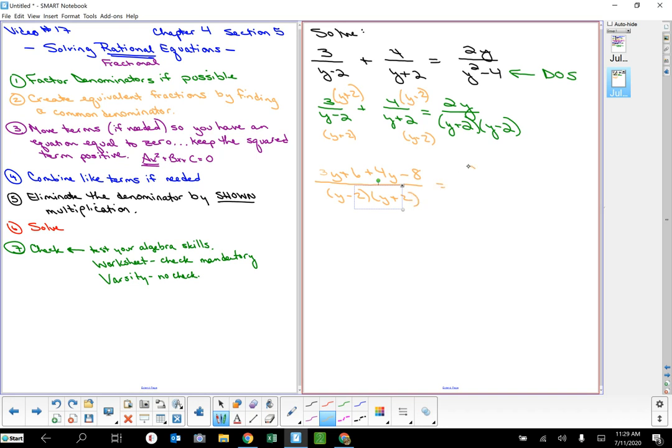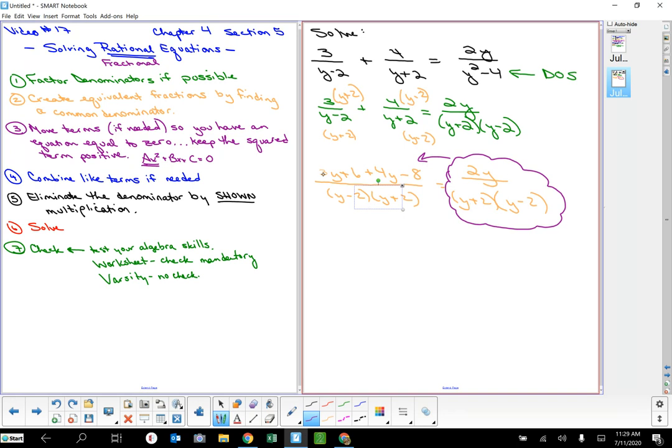And that's equal to 2y over y plus 2, y minus 2. Alrighty, we can combine like terms in the numerator. And then at the same time, we'll do the purple step, move terms if needed, so you have an equation equal to 0. So we're going to take this whole thing and move it over to the other side by subtracting it. It has a common denominator.